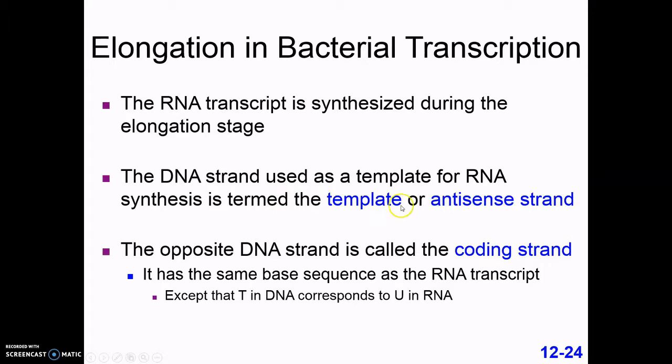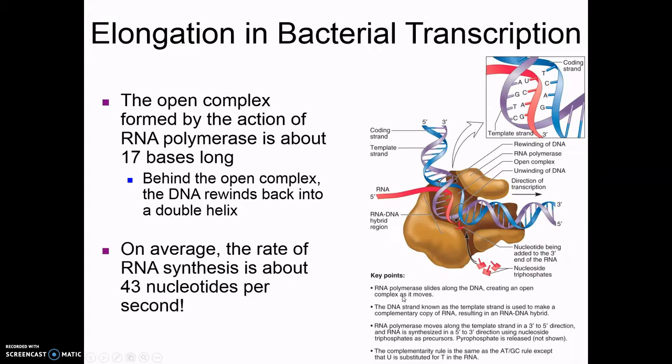So we will use the antisense strand, or the template strand, in order to add the nucleotides onto. The opposite strand, the coding strand, will be pulled out of the way, and the sequence will be the same on the coding strand as it is in the RNA transcript, except for that, of course, whenever you have a T in DNA, that will be added in as a U in RNA.